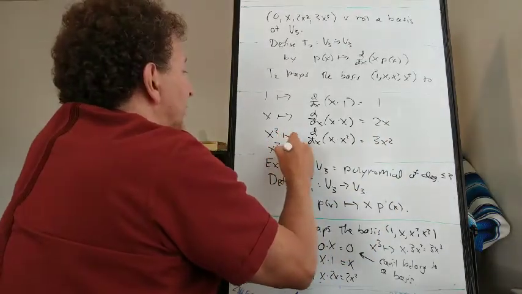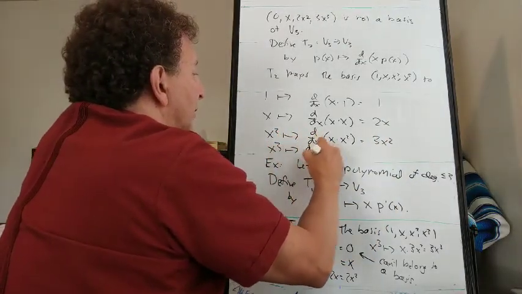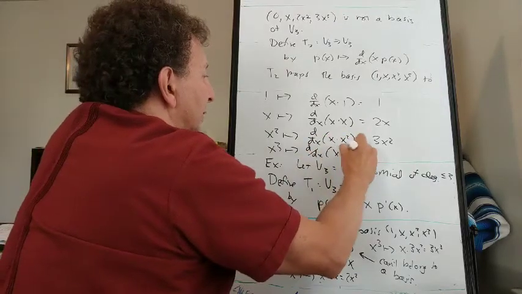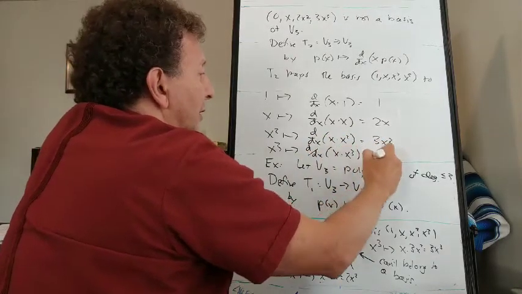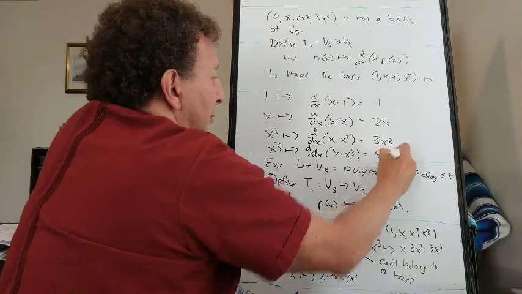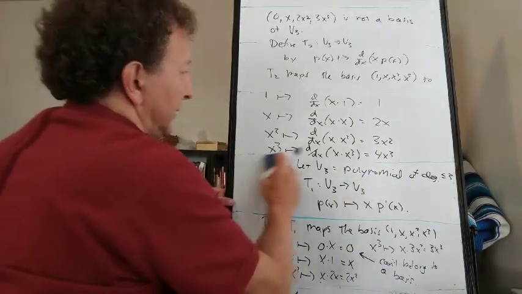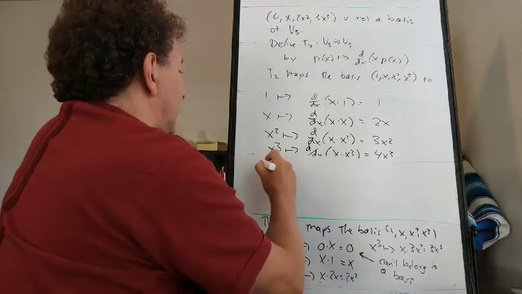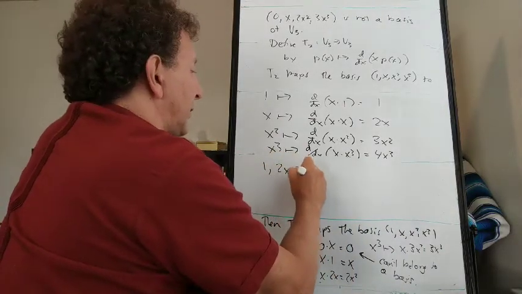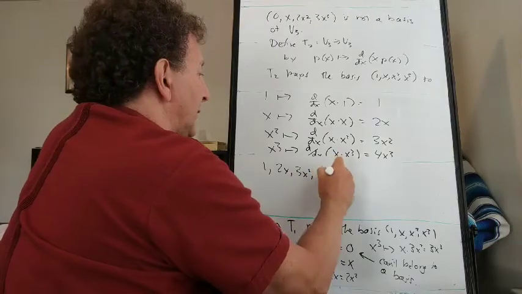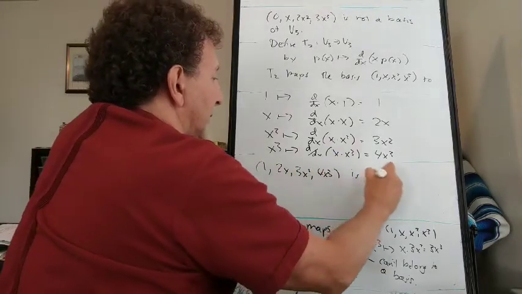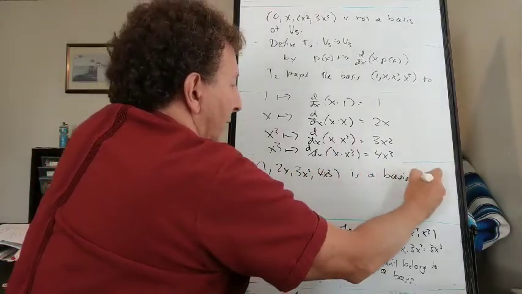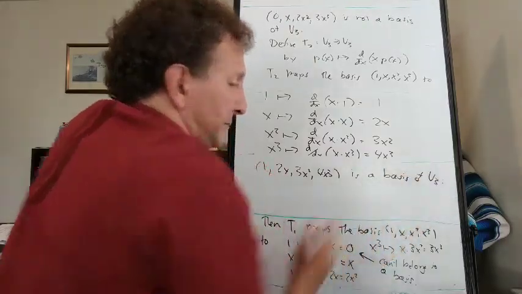And x cubed gets mapped to the derivative of x times x cubed, which is x to the fourth, which has derivative 4x cubed. Now 1, 2x, 3x squared, 4x cubed is a basis of V3.